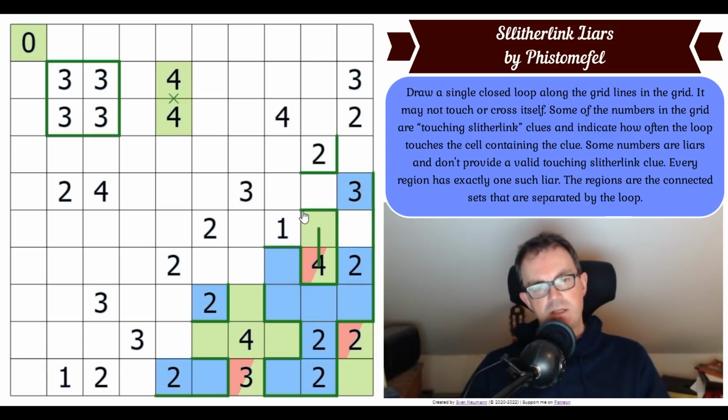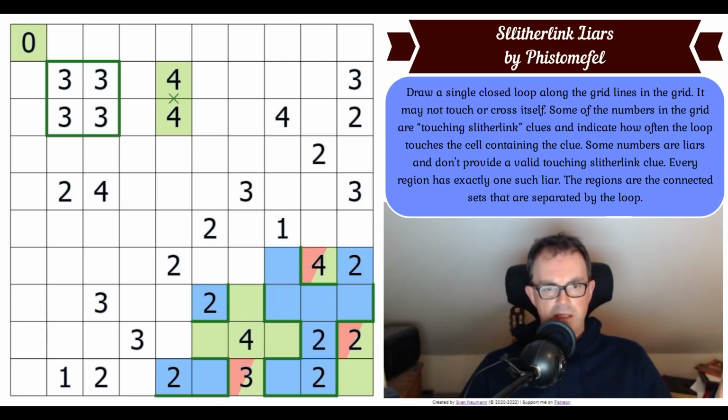So if these continue, we've got to keep them together like that to keep this 1 clue true, because it's in a region with a false. But the other option would be that, which also completes the 1 clue correctly, but that also is broken because now I've created a second loop. So either way you complete the 1 clue so that it is a true clue, it breaks the puzzle.